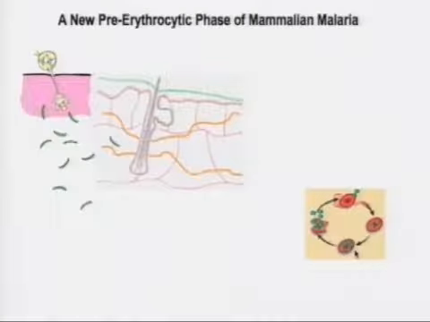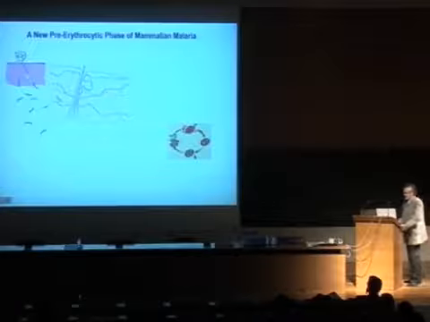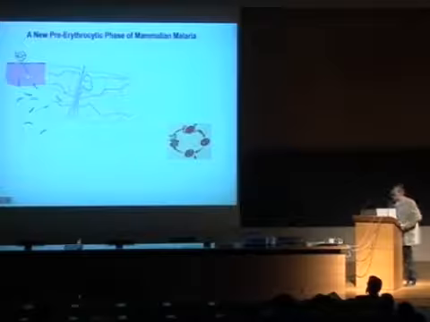Okay, so I'm going to conclude here. So we have a new view of the pre-erythrocytic phase in mammalian malaria. Clearly, this phase goes from injection of the parasites to the initiation of the red blood cell cycles.